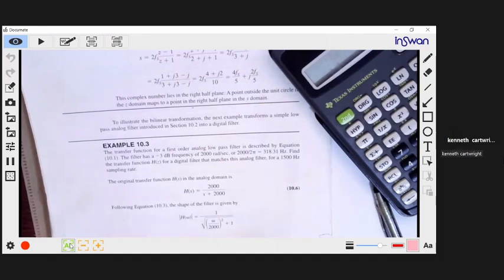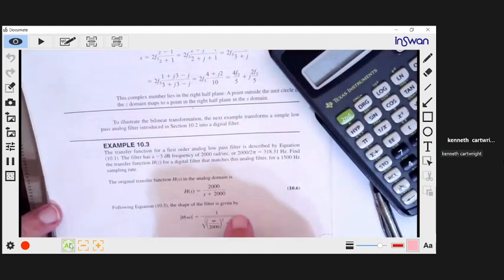Be more specific. It's the magnitude response. Don't you see the magnitude signs? The bottom equation is just the magnitude of 10.6. It's just the magnitude.